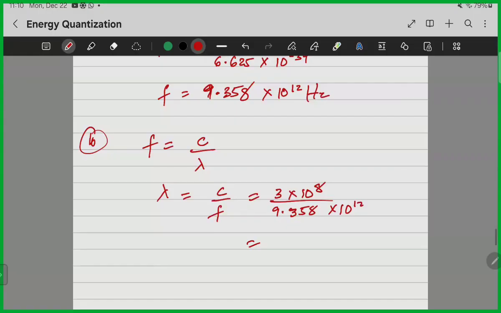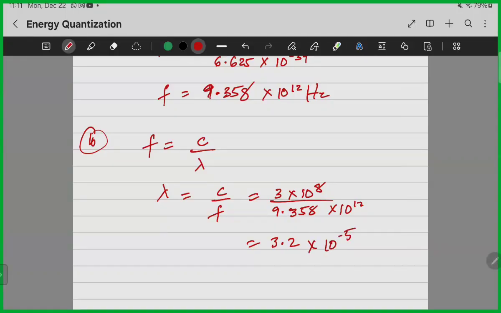So that being established, 3 times 10 raised to 8 divided by that will be 3.2 times 10 raised to minus 5.